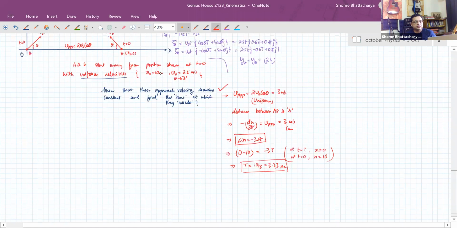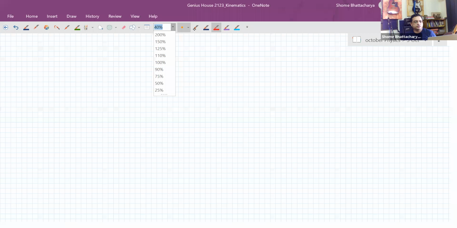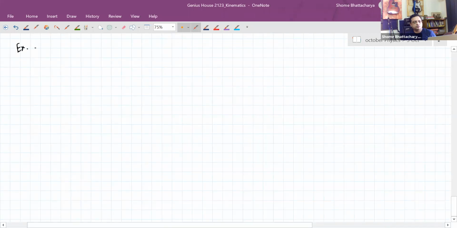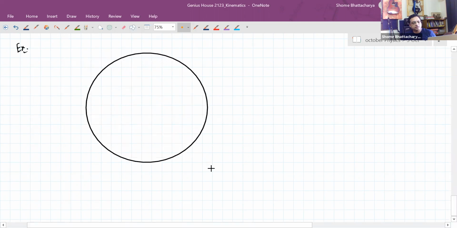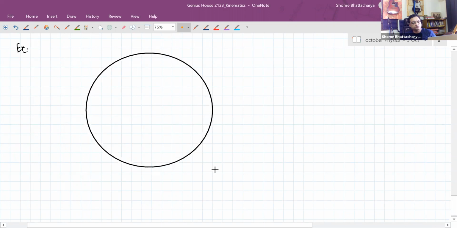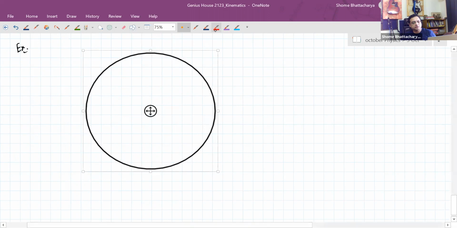Now another interesting example where you can get some more insight about approach and separation velocity is the case we were talking about a little while back. Suppose I have two objects moving on a circular path, both at uniform speed. A is here at some time and B is here.